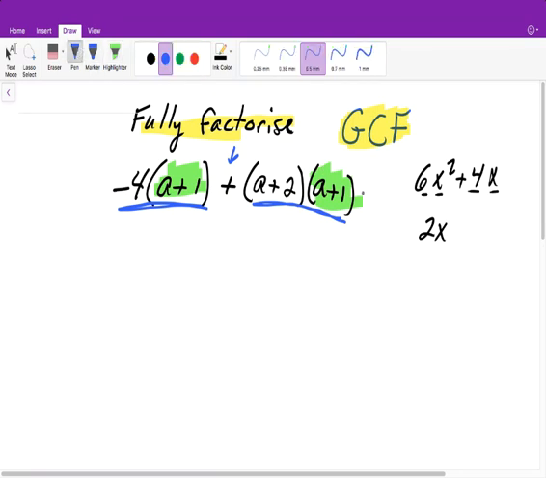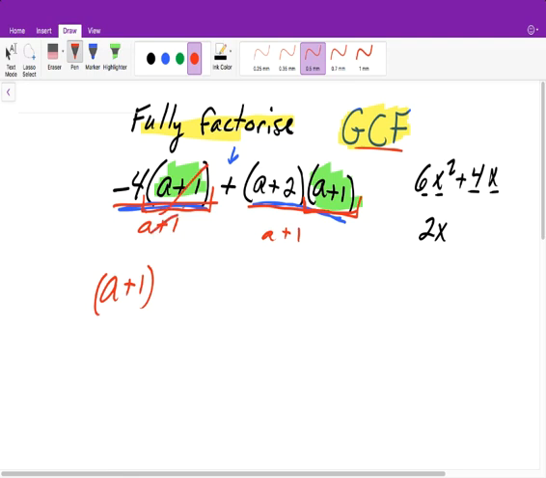This is something that's very important in the future for when we learn factor by grouping. So our GCF has to be a plus 1, because each of these terms is being multiplied by that a plus 1. And then we can divide each one by a plus 1 to see what's left over.